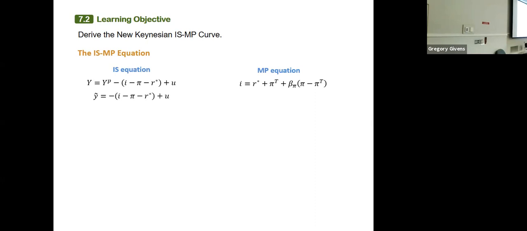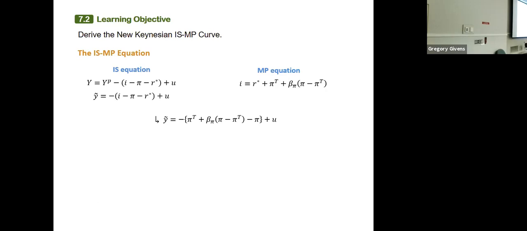So again, here is our IS equation. The output gap is equal to the negative of this interest rate gap, right? The real rate minus R star, plus a demand shock. And here's our modified Taylor rule, okay? Now, you guys will notice that in the IS equation, we have an I minus an R star term, right? Well, from the monetary policy rule, we can solve for I minus R star in terms of target inflation and the inflation gap, okay?